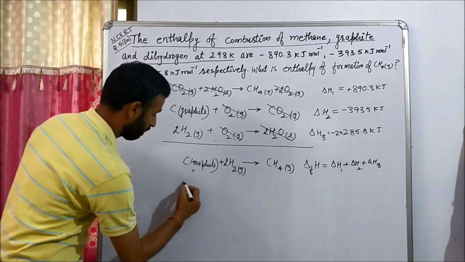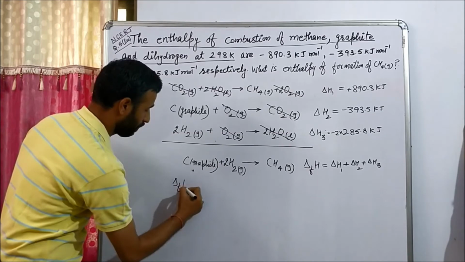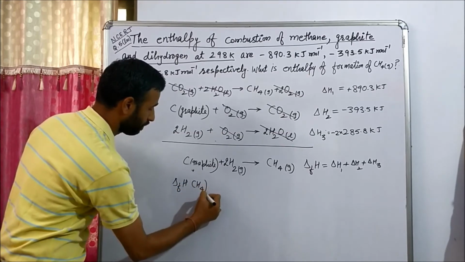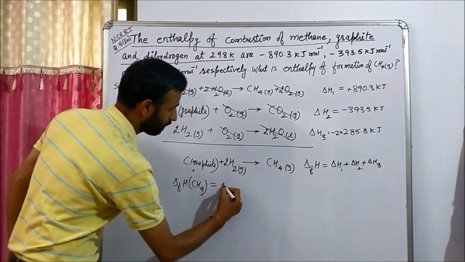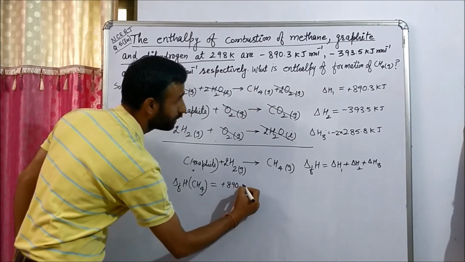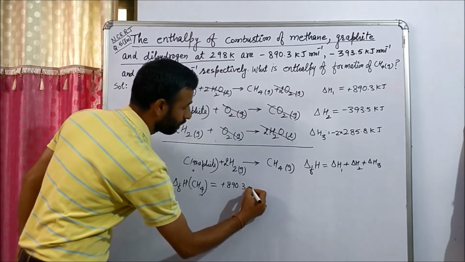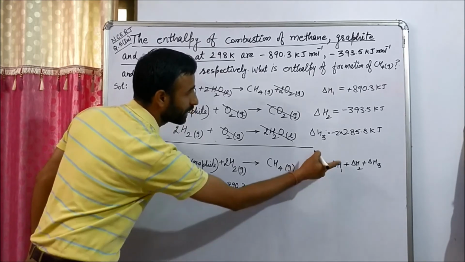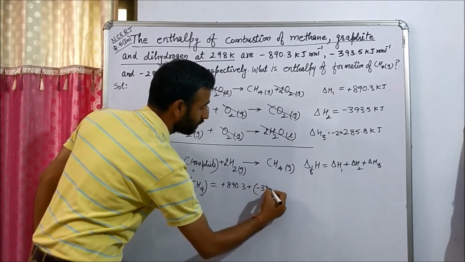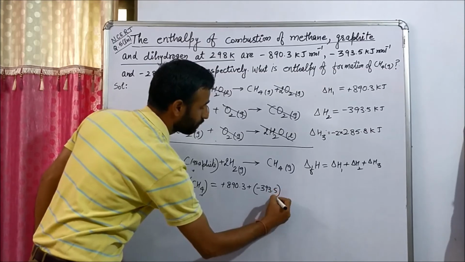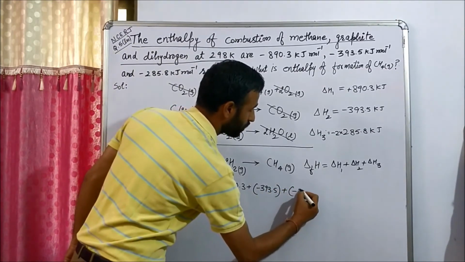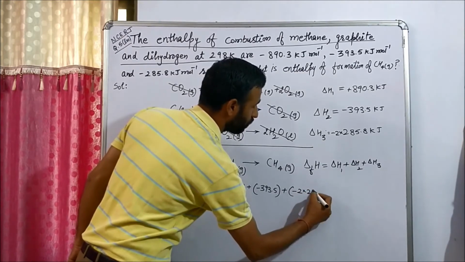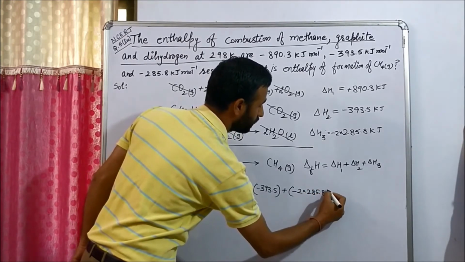So that implies the enthalpy of formation of methane is equal to, what is delta H1? Plus 890.3 kilojoule plus delta H2, it is minus 393.5, plus third, minus 2 into 285.8.